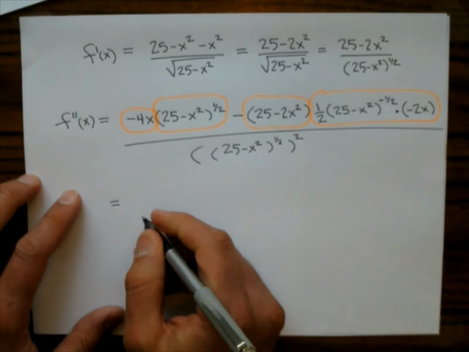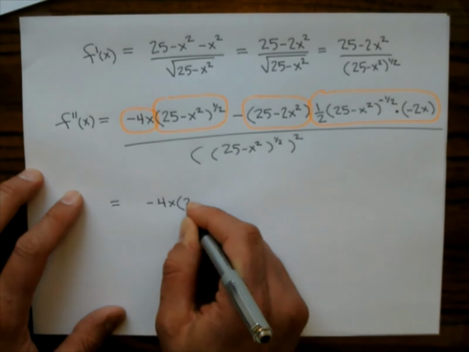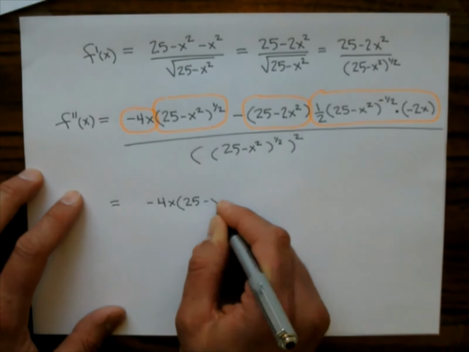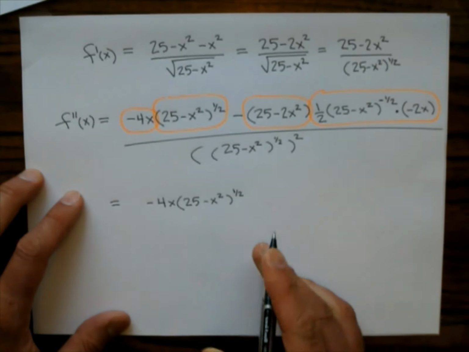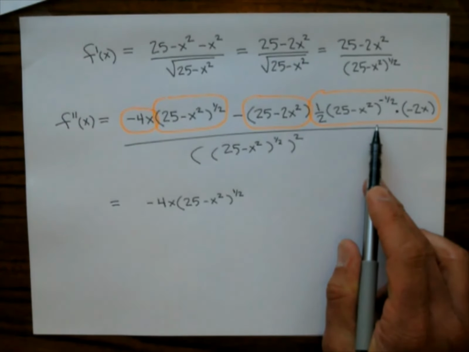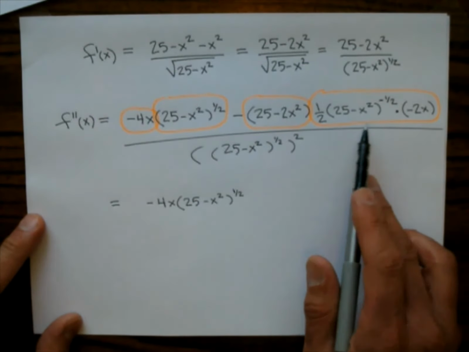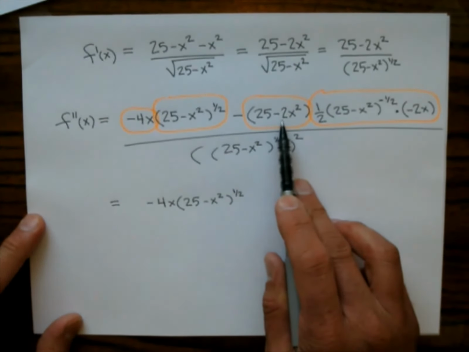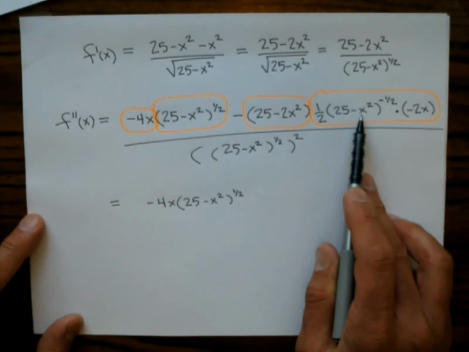We're going to have negative 4x times 25 minus x squared to the 1/2. So what do we have here? We have 25 minus 2x squared, which is not the same as that, so that's a bummer.